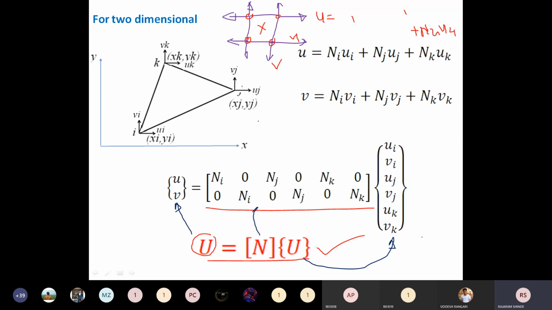Here you will get the same thing for all elements. Only depending upon the degrees of freedom, number of nodes, and order of the element, you will get changes in your shape function matrix and the displacement matrices.